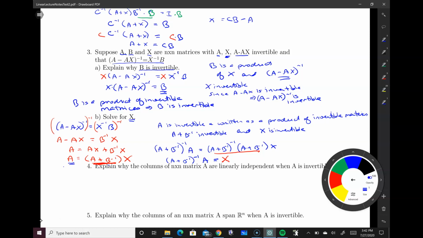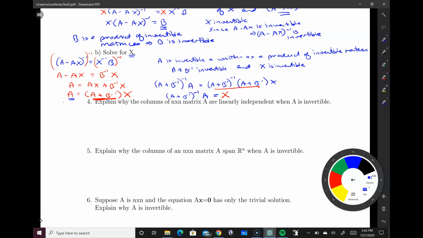All right, looking at this next one. So explain why the columns of a square matrix are linearly independent when A is invertible. So if A is invertible, that must mean that it is row equivalent to I_n, right, the identity matrix, n by n.